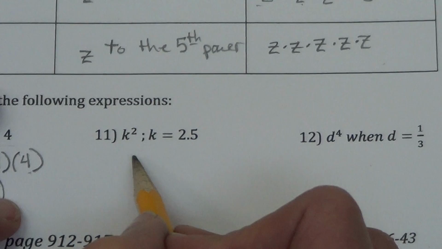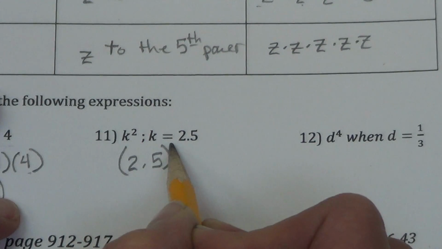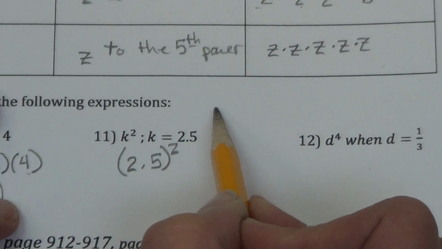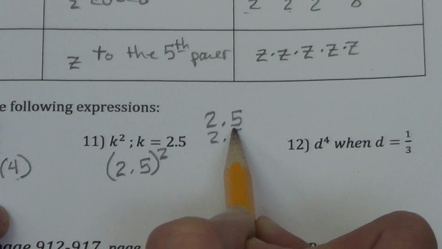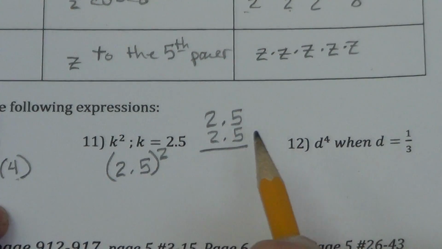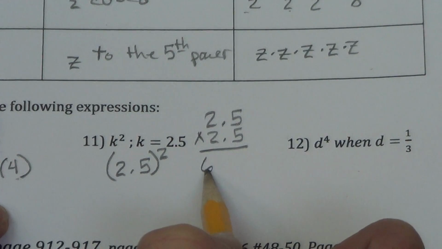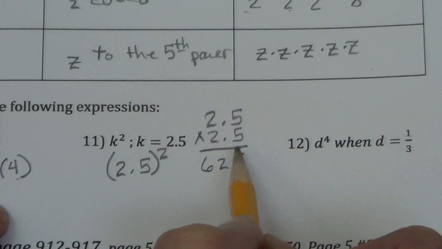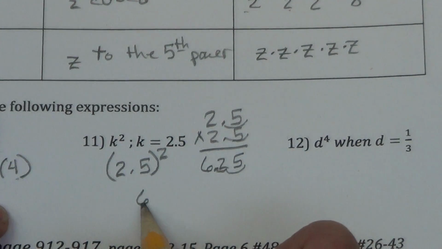K squared would be 2.5 squared. That's 2.5 times 2.5. You should memorize what 25 times 25 is. That would come out being 625, and now move the decimal place over 2 places, and we get 6.25.